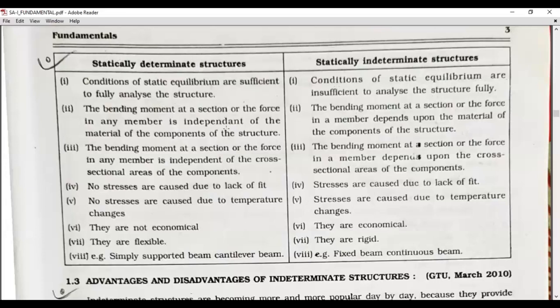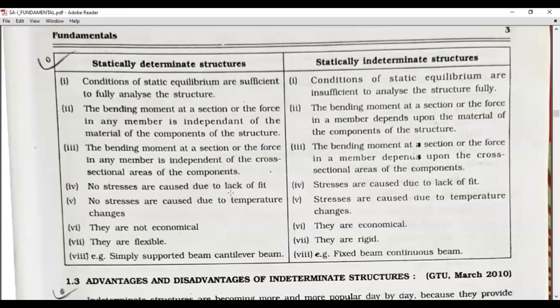In the determinate case, the bending moment at a section or the force in any member is independent of the material of the component of the structure. In the indeterminate structure, the bending moment at a section or the force in a member depends upon the material of the component of the structure.